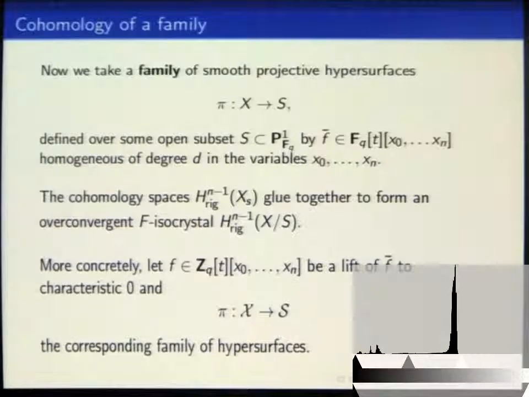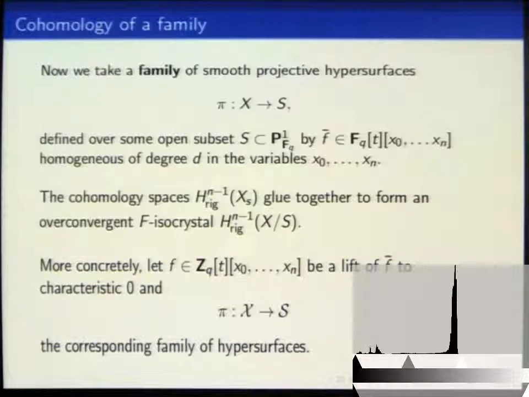So now every fiber has this rigid cohomology space, and what you need for the deformation method is that these glue together in a natural way, that one fiber has got something to do with the other. So the most theoretical way of saying it is that together the H^(n-1) of the fibers, this is true for any i, not just for n minus 1, but I only need it for n minus 1, they form an overconvergent F-isocrystal.